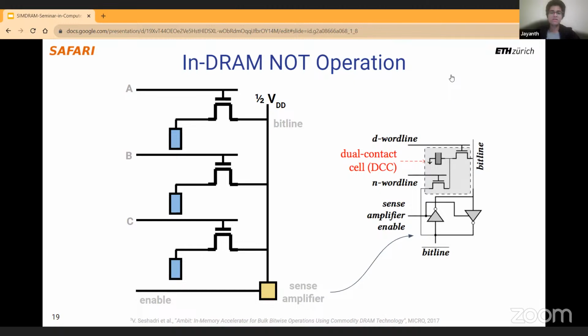Into these rows, it feeds the negated value from the sense amplifier. All you need to do to read the true or the negated value is to access these rows. Now that we have NOT and the other Boolean operations that we can perform with the triple row activation mechanism, this is logically complete, and therefore, in principle, we would be able to perform any operation.